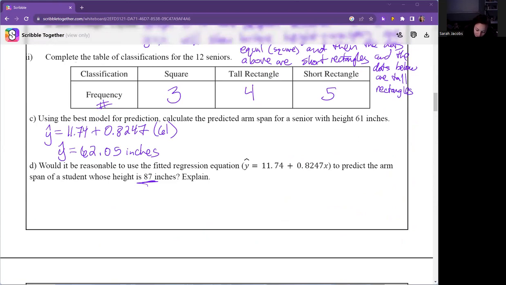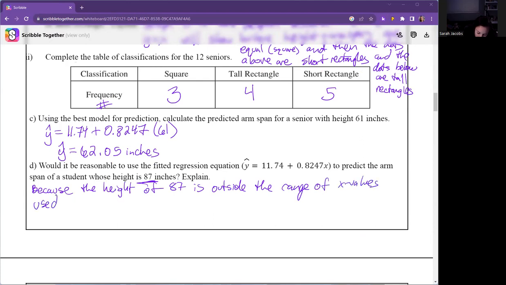I'm going to say because the height of 87 is outside the range of X values used to create the model, it would be an extrapolation.